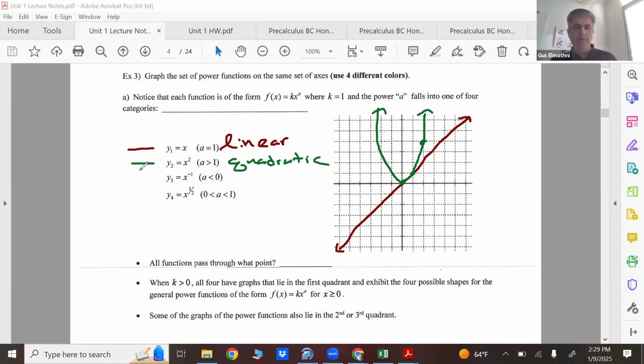Okay, let's go red for this one. That's a rational. So it's going to look like this here.